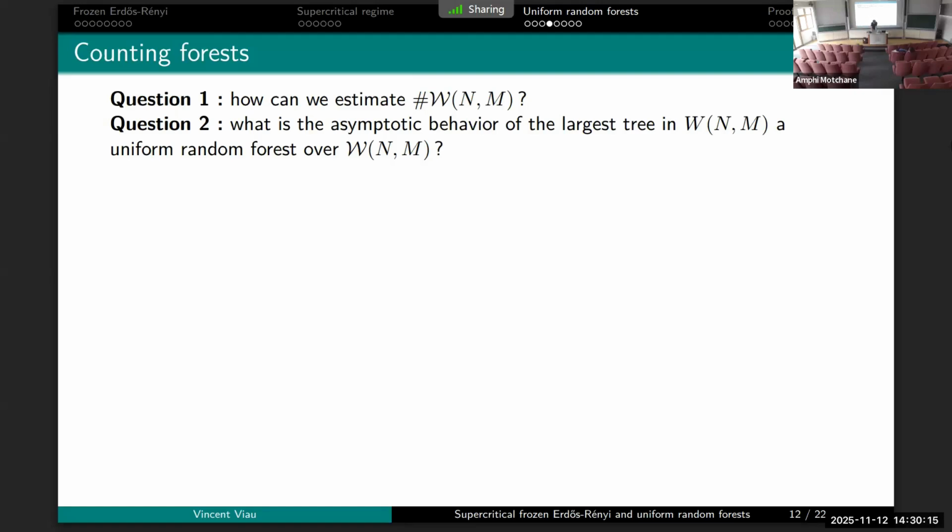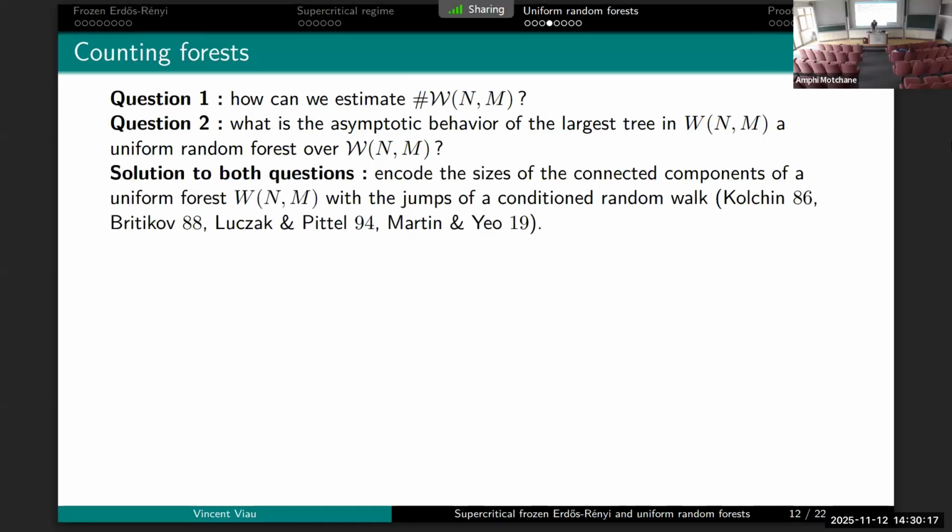Okay, so we are going to try to answer both these questions, and actually the solution to these questions resides in one encoding of the sizes of the trees in a uniform random forest, thanks to some well-chosen random walk.